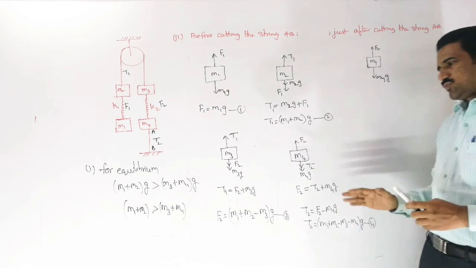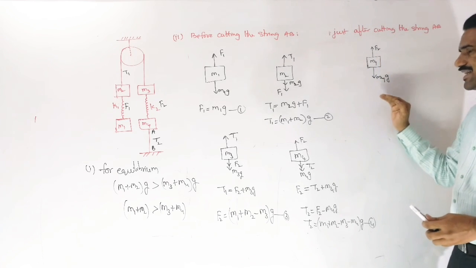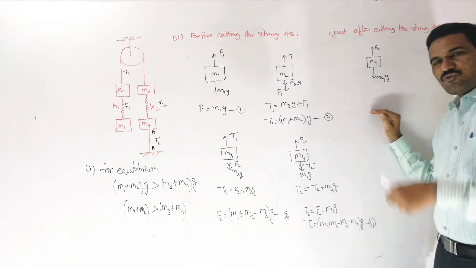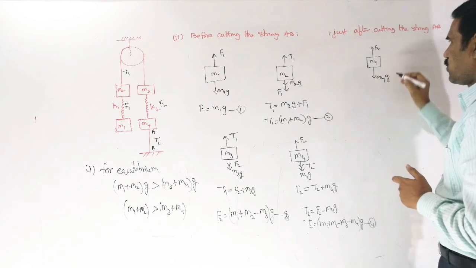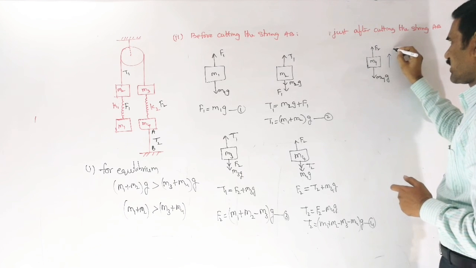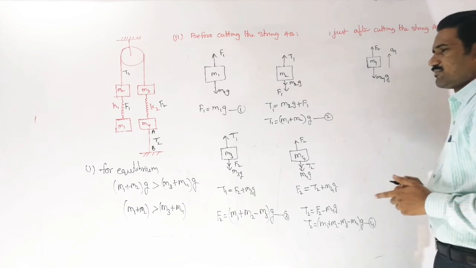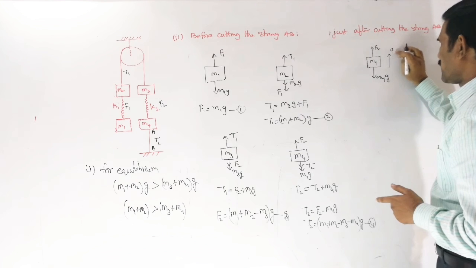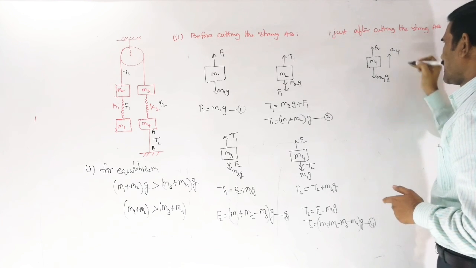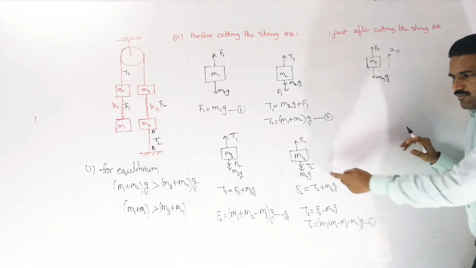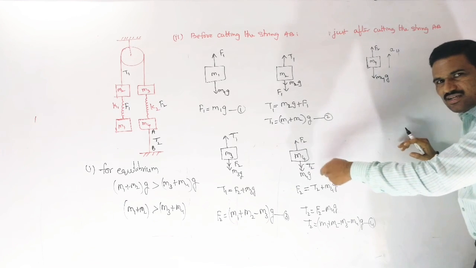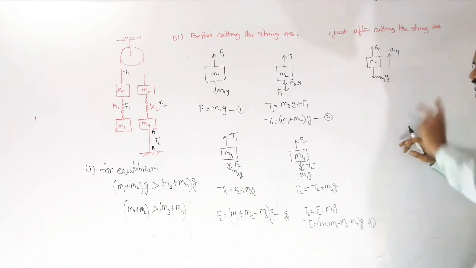So the upward force will be greater than the downward force, because one force is suddenly removed. And so this block will start accelerating in the upward direction. That is our conclusion here. A4 will be there in the upward direction. This is the acceleration of the block. Is it clear why? Because the downward force is decreasing when you cut that string.